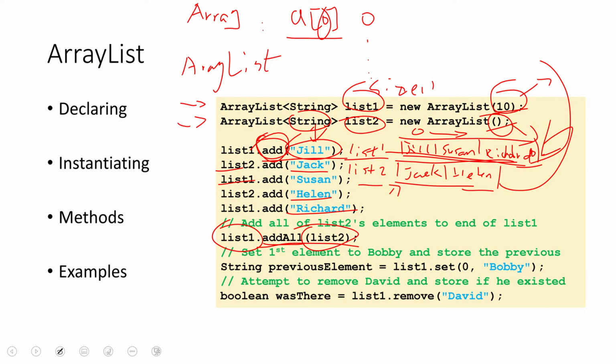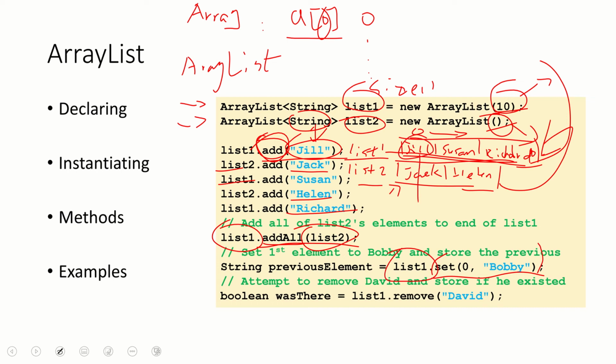Okay, the second one, we try to use set. Set Bobby at index 0. So what's at index 0 in list1? It is Jail, right?